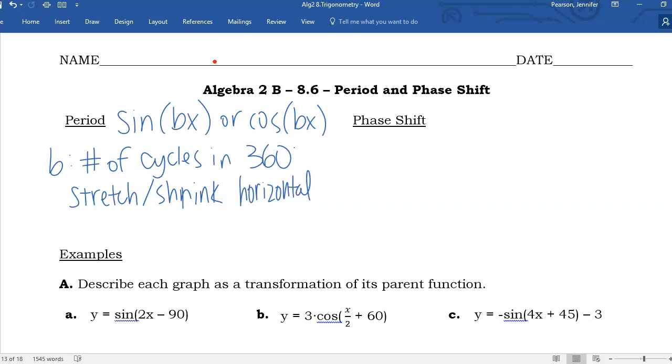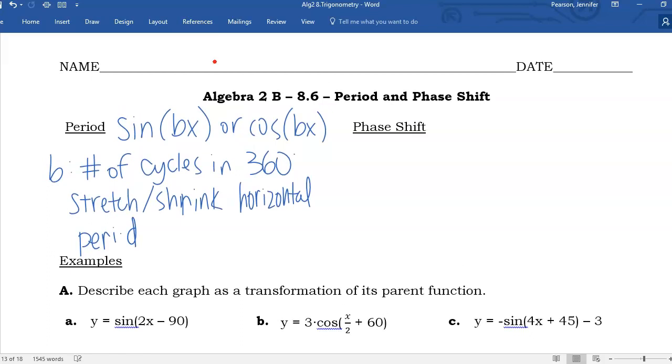And specifically, to calculate the length of the period, we would do 360 divided by b. So in the ones we've already been doing, we've had sine x where b was the invisible 1, 360 over 1 means that the periods we've been graphing so far have all been 360 degrees.